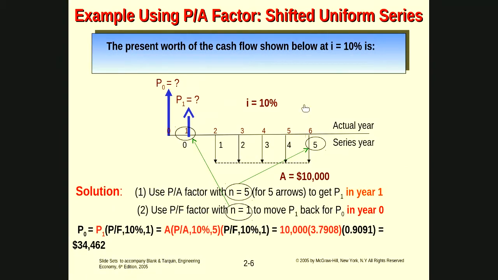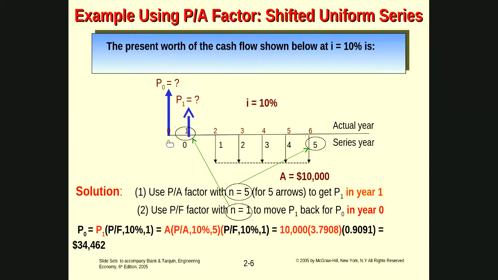If you have annual values and you want to find the present, you cannot skip a year in the middle. So if I want to find P0, I cannot go without finding P1 first and then go to P0. Why? Because this is a sum of equal values from year 2 to 6. First, you have to convert them to a single value, and that's what you do here first. Then you can find them at any time previously with no problem.